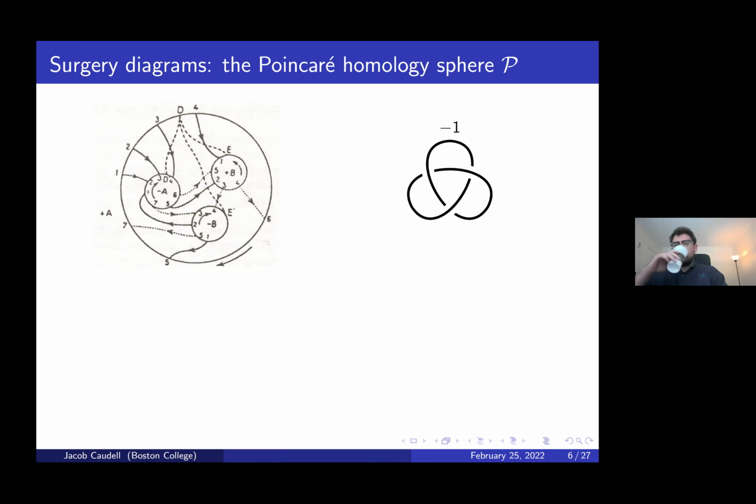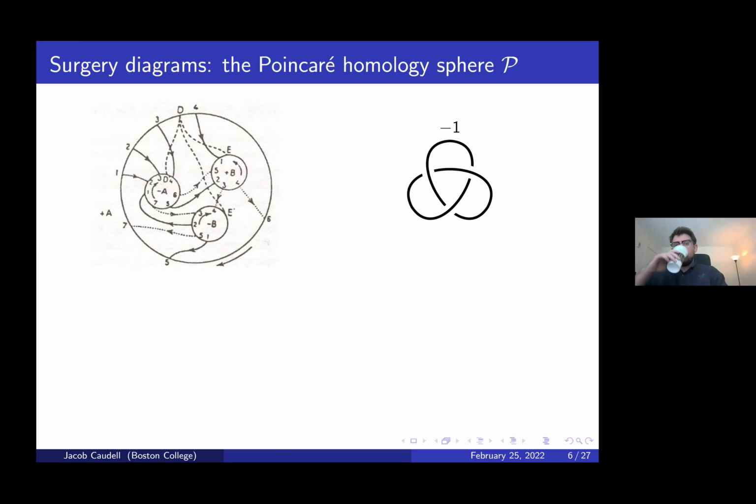This surgery description also shows you that the Poincaré homology sphere is Seifert fibered, which essentially just means that it's foliated by circles. And then there are these three circles, the ones labeled -2, 3, and 5, that are somehow crushed in this foliation.